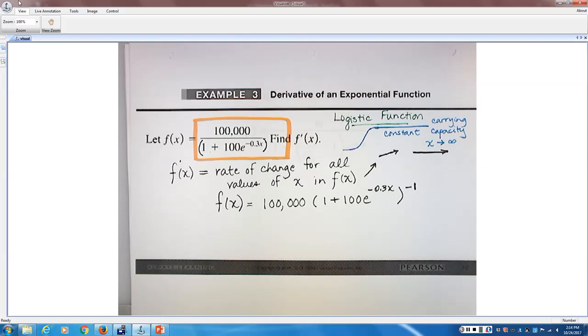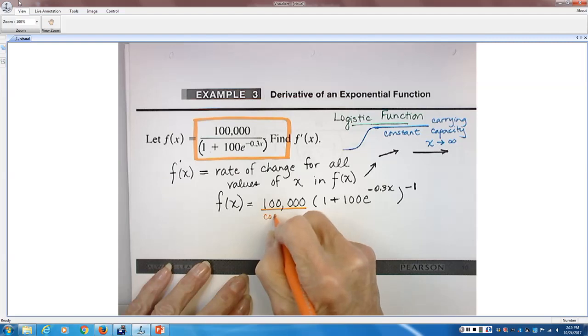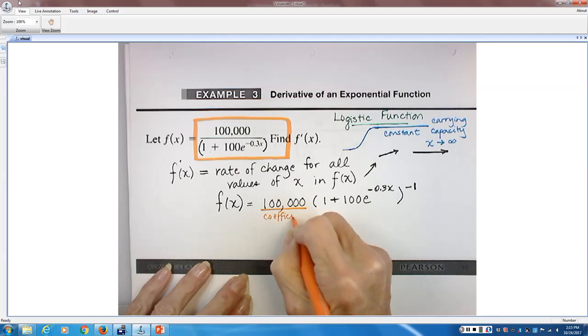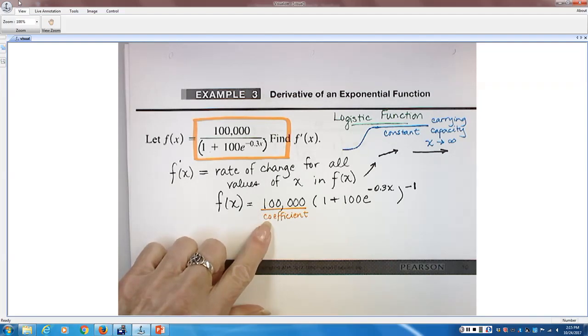But now I can analyze my function and know what my different pieces are. That's just a coefficient. So when I take the derivative f prime, that coefficient's just going to ride along.